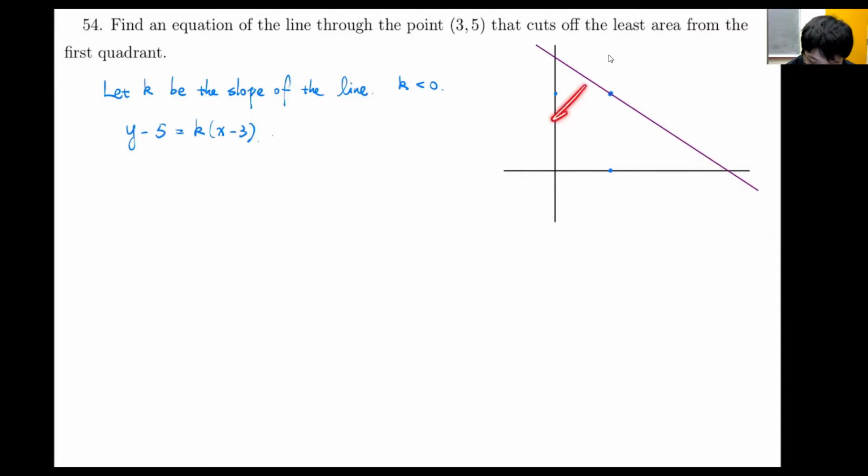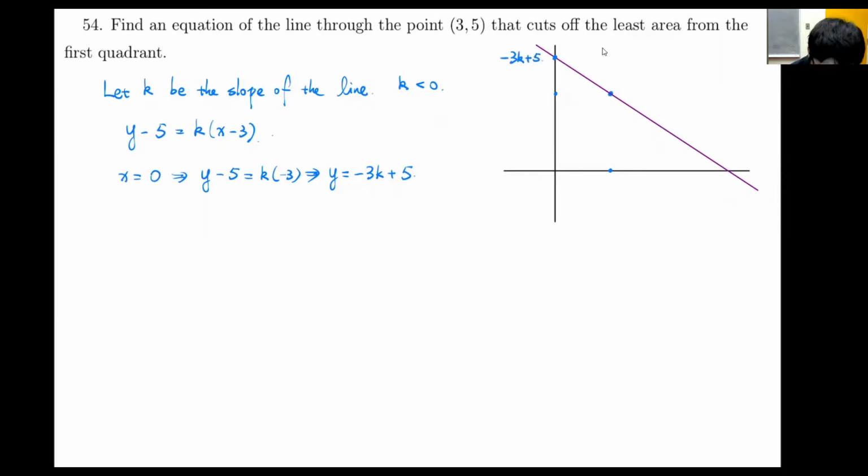To get the area of this part, we need to understand the x-intercept and the y-intercept. So x equals 0 implies that y minus 5 equals k times minus 3, so y equals minus 3k plus 5. This is basically the coordinate of this point. We know that this one is minus 3k plus 5.